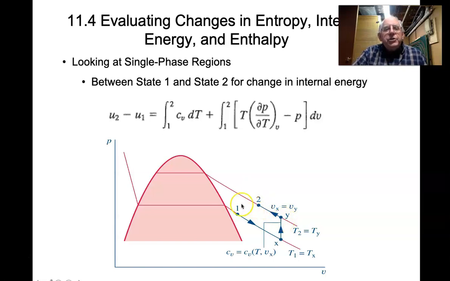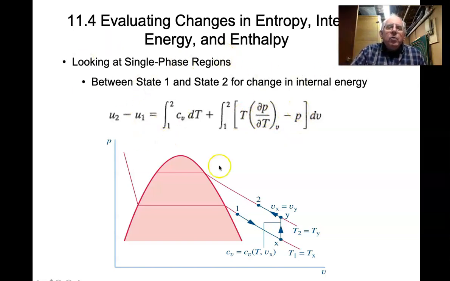So from Y to 2, again, this term would not contribute because the temperature is not changing, but this term right here then, we can evaluate this particular relationship as we change the value of V. So we're integrating from here to here through the V variables and knowing the information here. Again, we would be able to obtain all of these terms from our experimental data.